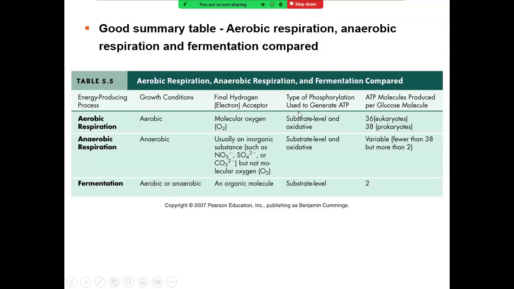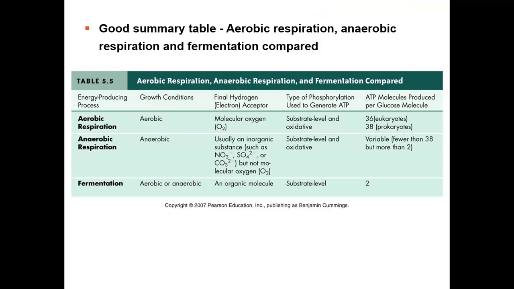And then you don't need to know about this one, but for ATP produced in aerobic respiration for prokaryotes, you always get 38 molecules of ATP per molecule of glucose. Eukaryotes, most of their cells are not as efficient, and they generate 36 molecules of ATP per molecule of glucose. Of course, the heart and the liver and the lungs are a little more efficient.